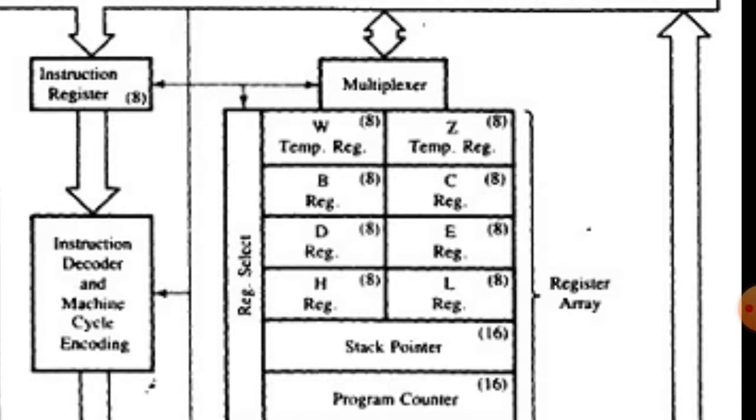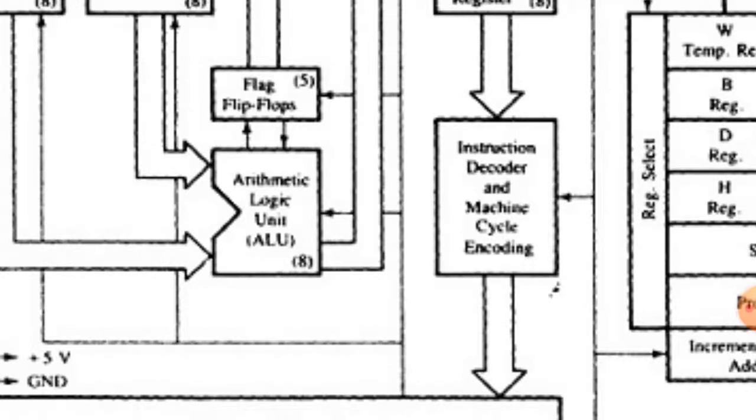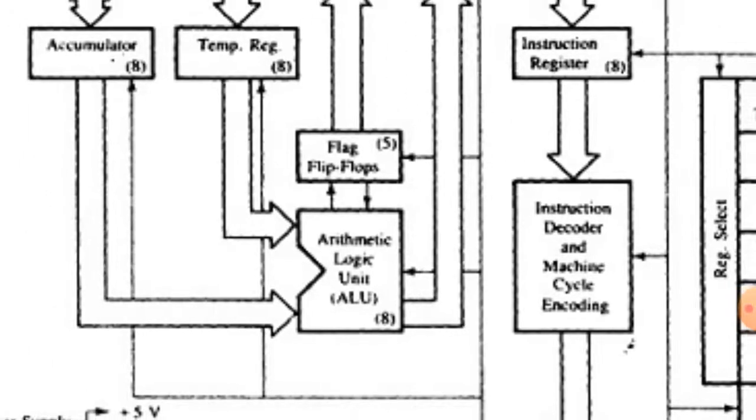Okay, they hold the temporary data of those operations. Now next, as you can see in the diagram, is the flag register. In this flag register, it is again an 8-bit register having 5 1-bit flip-flops.